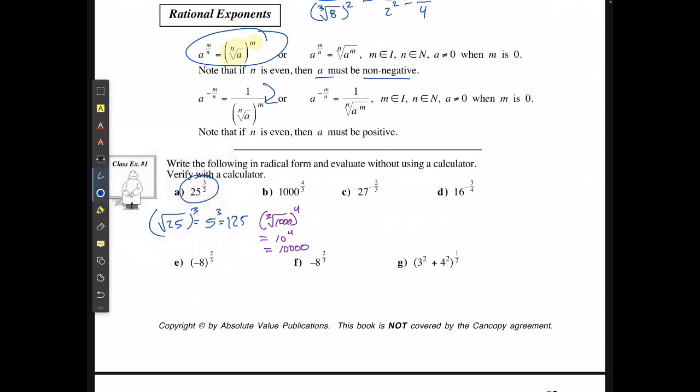For example C, it says that it's negative, so I have 1 over the cube root of 27 to the power of 2, which is the same as 1 over 3 squared, which is the same as 1 over 9.